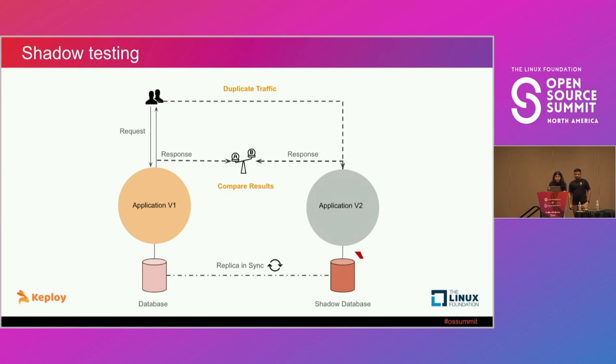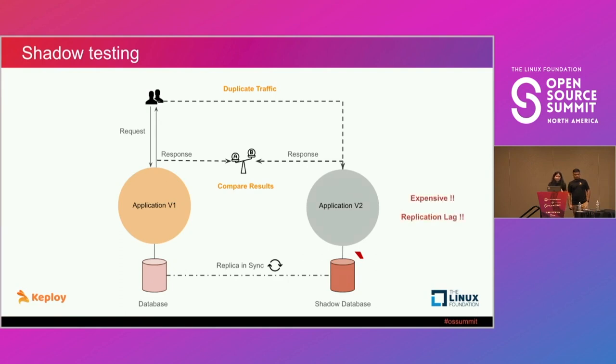So the problem was that, one, it was a huge operational effort to set up this whole pipeline. More than that, it was expensive to set up the complete replica of the database. And even more than that, there was a replication lag.